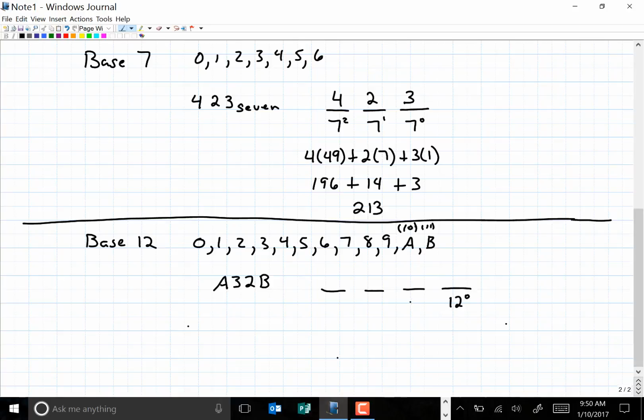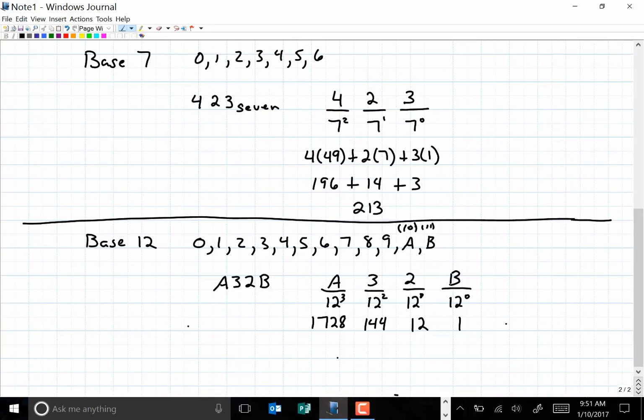So we have the 12 to the zeros, we have the 12 to the 1s, we have the 12 squareds, and we have the 12 cubed. All right, so in other words, 12 to the 0 is 1, 12 to the 1 is 12, 12 squared is 144, and 12 cubed is 1728.